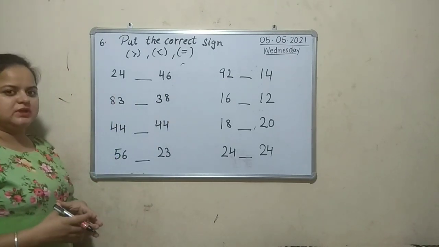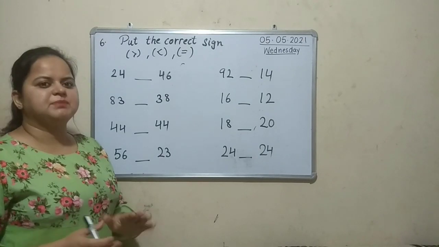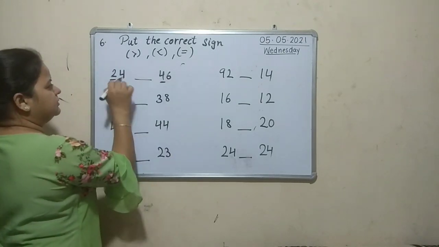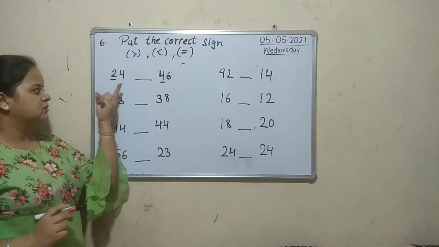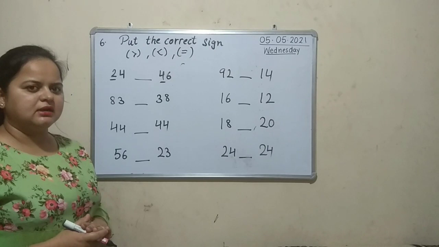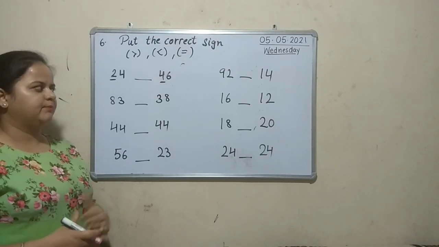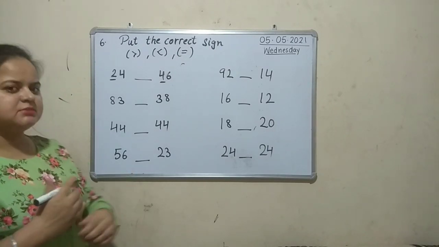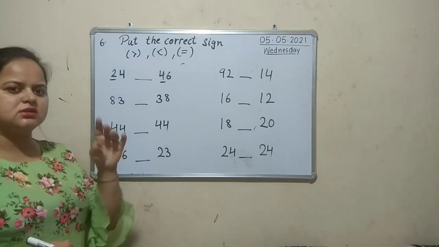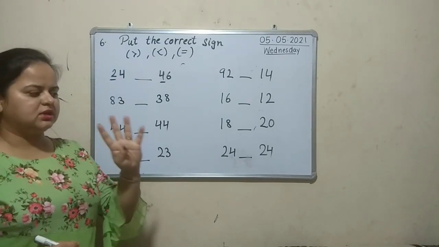We have to see the digit which is placed on tens place. So this is tens and this is tens. So we have number 2 and 4. Which is the greater number? Which comes first when we write the counting 0, 1, 2, 3, 4.